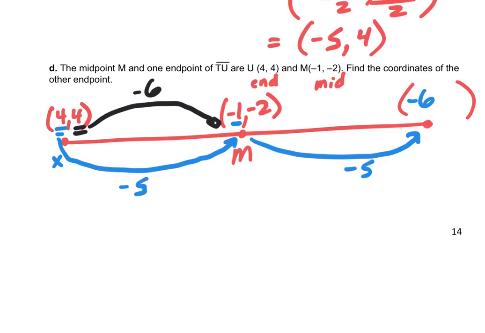And then I'm going to take that same number again, and move the same number of units in the same direction from -2. So if I'm at -2 and I subtract 6 more, that would put me at -8. That's our answer.